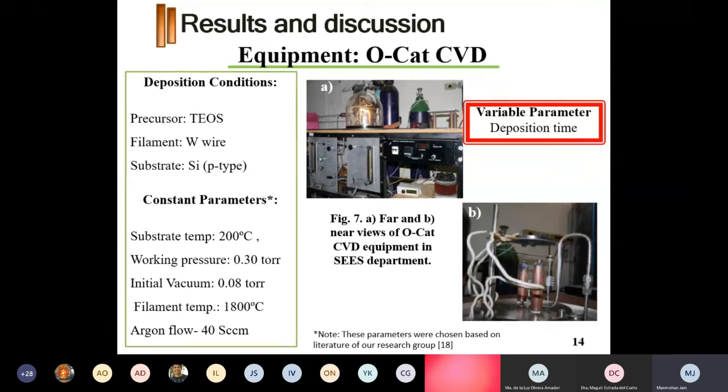I used P-type silicon substrate for deposition, with parameters according to the previous literature of my research group. The constant parameters are: substrate temperature 200 degrees centigrade, working pressure 0.30 torr, initial vacuum 0.08 torr, and filament temperature 1800 degrees centigrade.